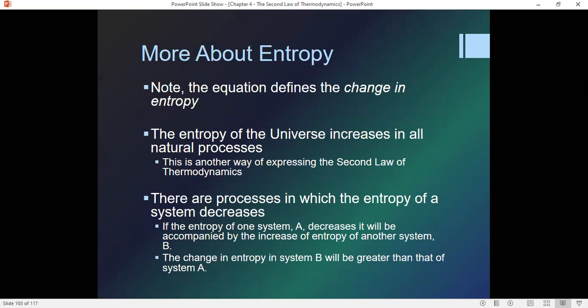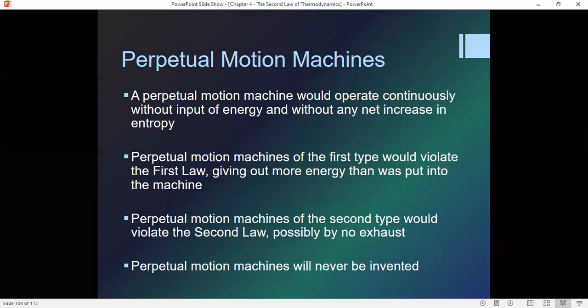The entropy of the universe increases in all natural processes. We've said that. Nuclear fusion, that is an increase in entropy. Just about every thermodynamic process has some increase in entropy because nothing's perfectly reversible. And again, we can think about it this way. The second law of thermodynamics does not allow for perpetual motion machines. We always have some friction in any mechanical system.